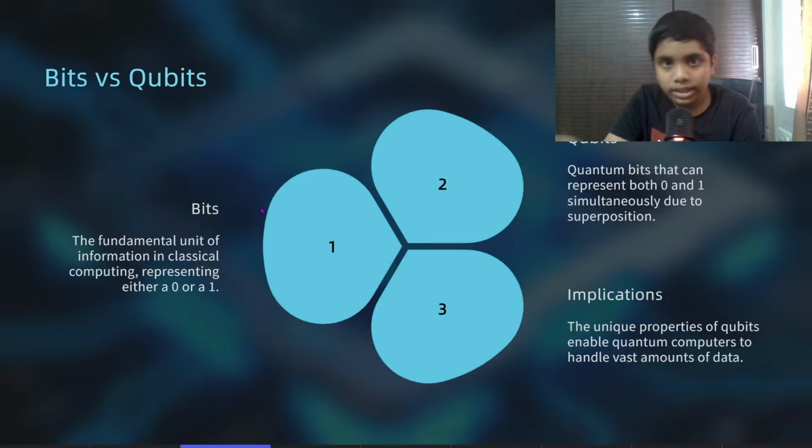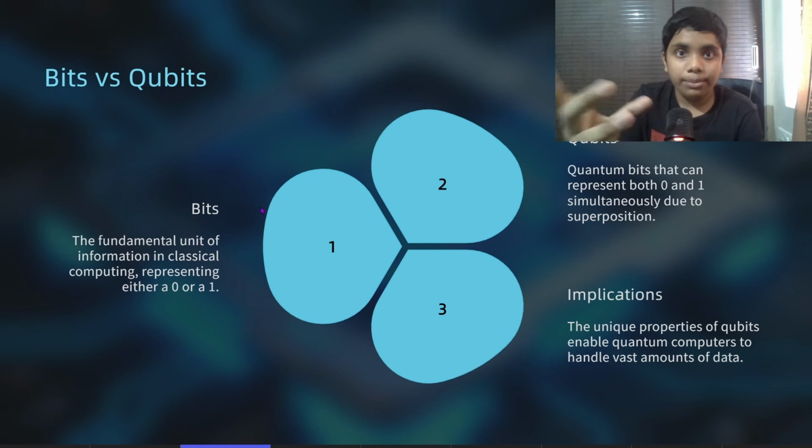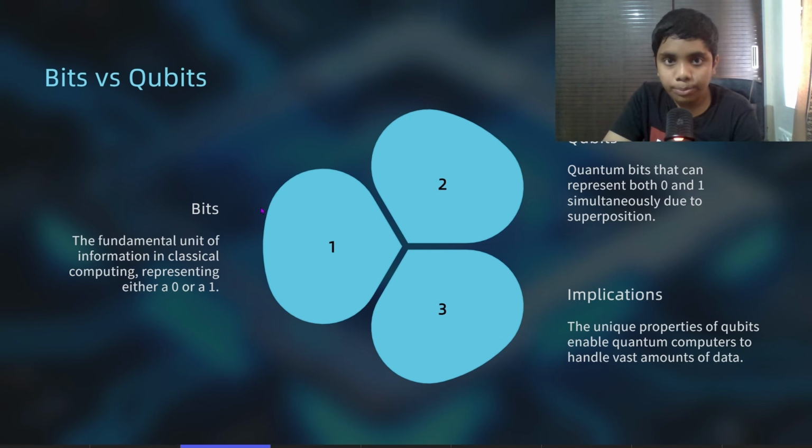Qubits work like bits. They can be a 0 or 1, but the magic is that qubits can be 0 and 1 at the same time. So why is this important? Why does this make qubits and quantum computers more powerful?